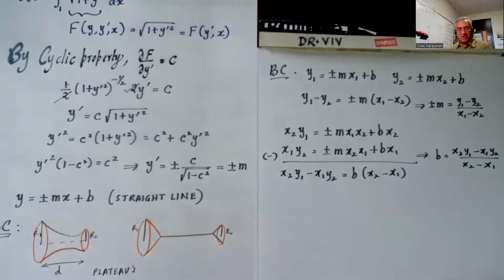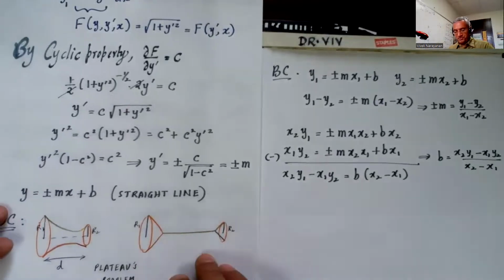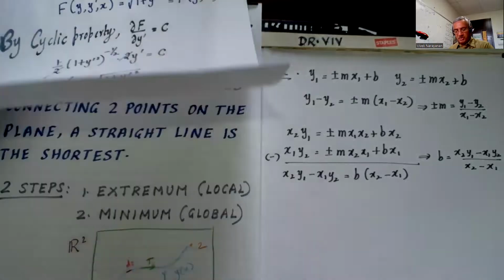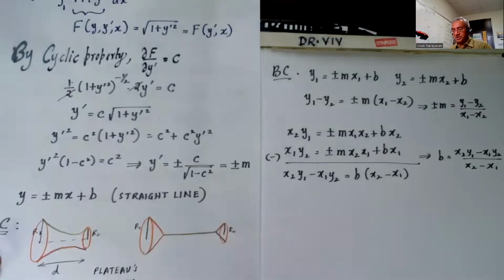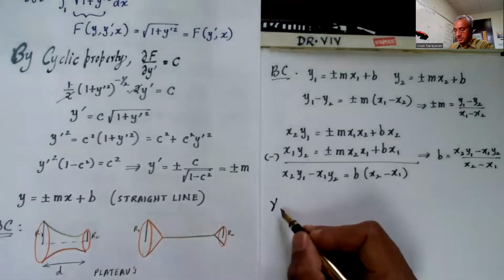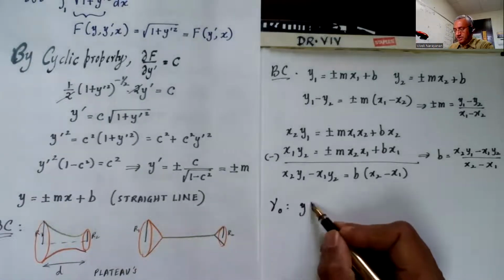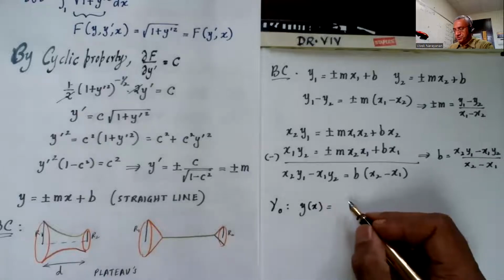And so we have found our solution, the optimum curve that achieves the objective. I'll call that gamma naught, because the naught indicates it's optimal. So gamma naught is defined by the following function.